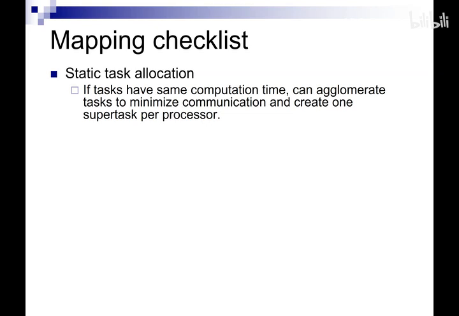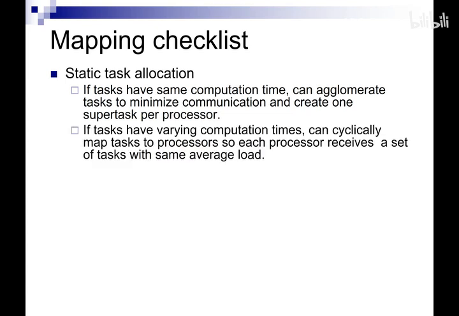If we're in the simple situation where the tasks have the same computation time, then we can just agglomerate them in order to minimize the communication. And if they have different computation times, then we need to figure out how to assign these different tasks to the processors.